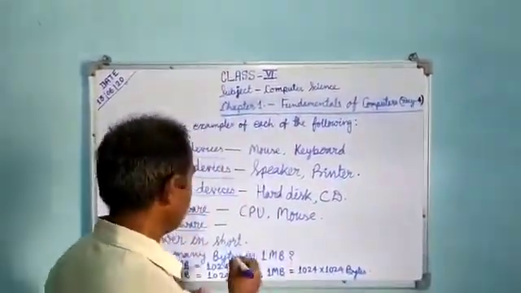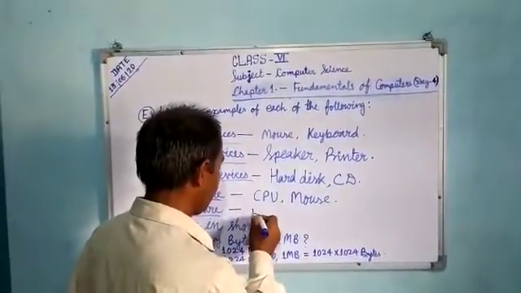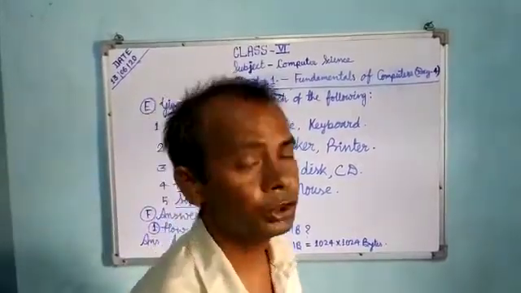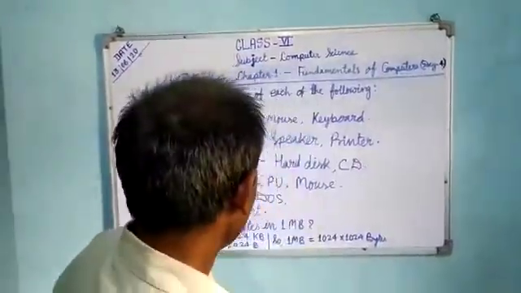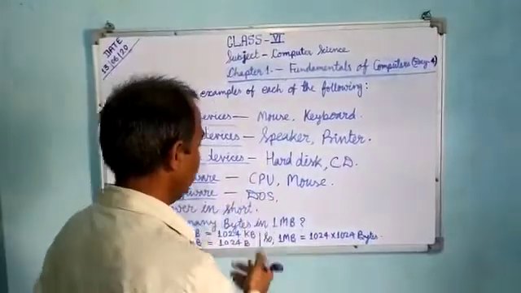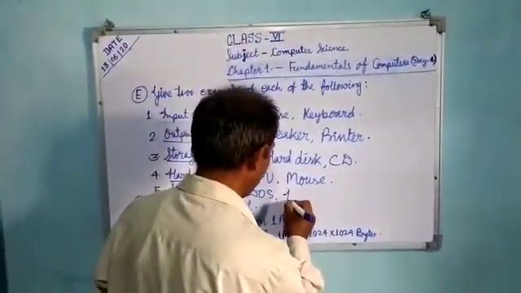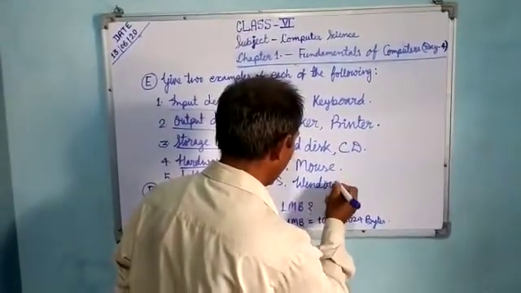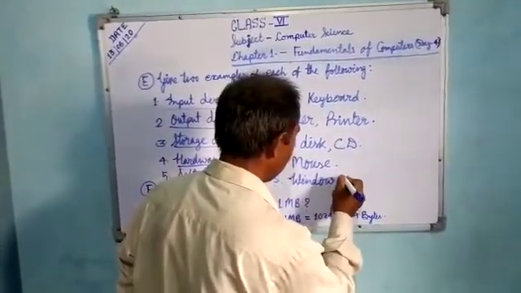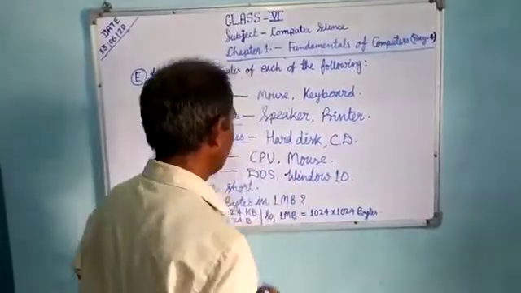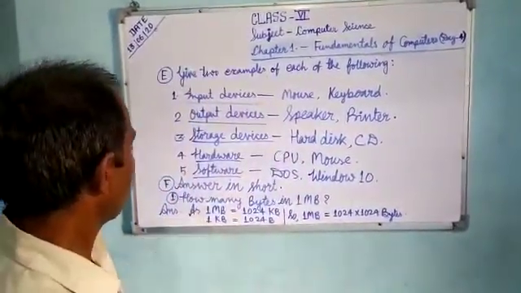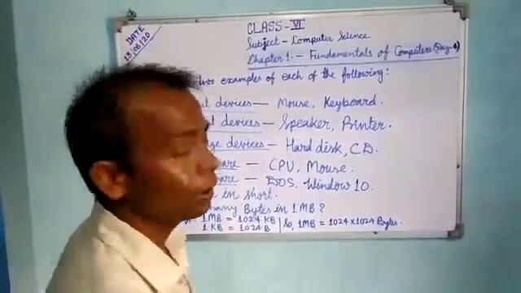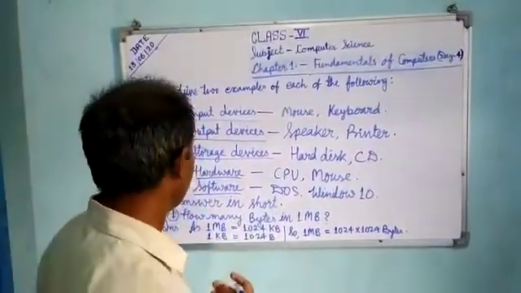So you can write DOS, this operating system, which is a CUI based operating system, and again you can write Windows. Windows is an operating system. You can write Windows 7, Windows 10. These are operating system software. So in this way you can very easily give examples of these devices.